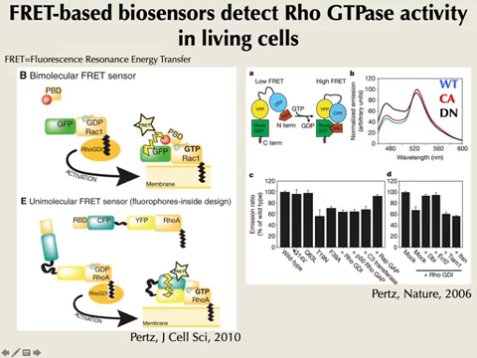So, for example, if you look at these kinds of measurements, which you can look at when you study, basically here would be a constitutively active form of Rho. So this is an arbitrary measure of FRET. So that's the maximum, let's say. And this one here is a dominant negative form of Rho, so it cannot bind. Okay. So here the difference between the two would be your so-called dynamic range, right?